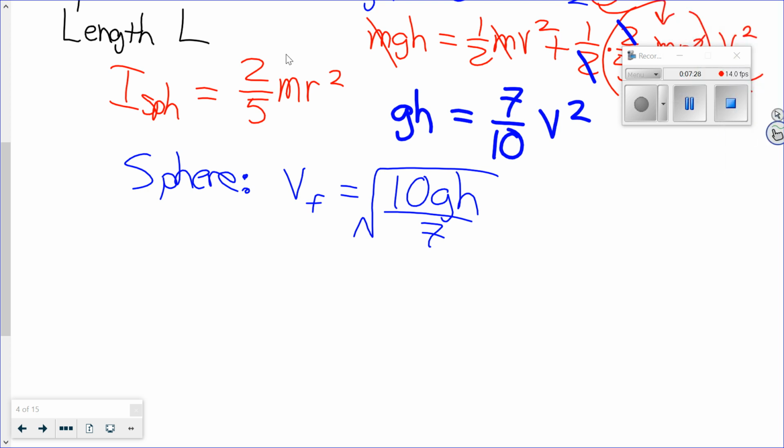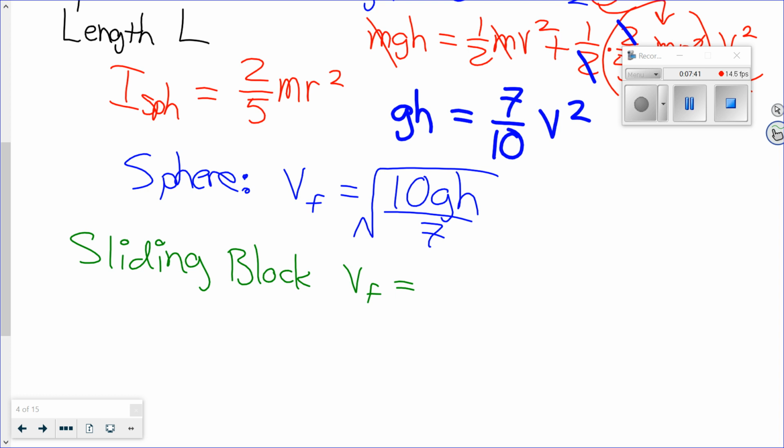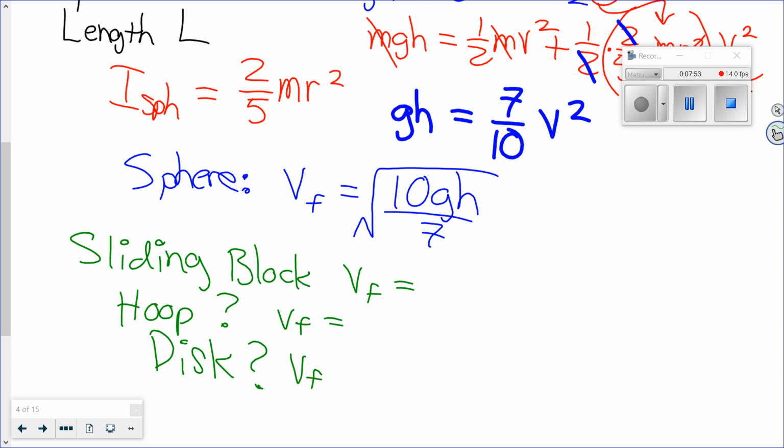What was it for the sliding block? If I just forget this rotation bit, it would just be 2GH.